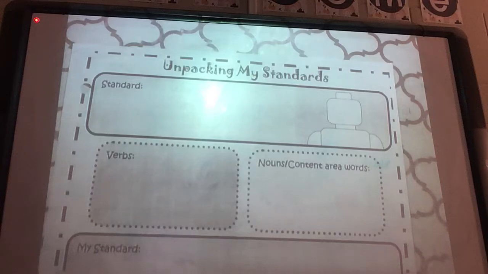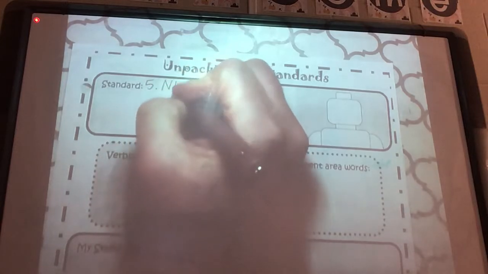All right, unpacking the standards. We are going to unpack 5.NF.1.